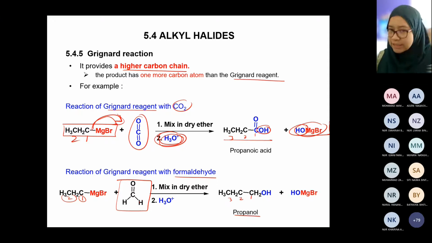Lebih mudah kita ingat sebenarnya rather than kita kena hafal macam tu kan. So kita kena tahu the chronology. Bila kita tahu proses, automatically dia akan stick longer lah. Okay, alright. So like I said, this is just to highlight that when using Grignard reagent, it adds carbon to the chain.